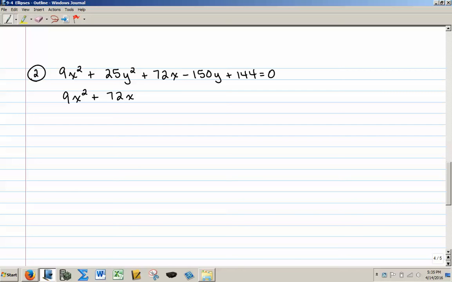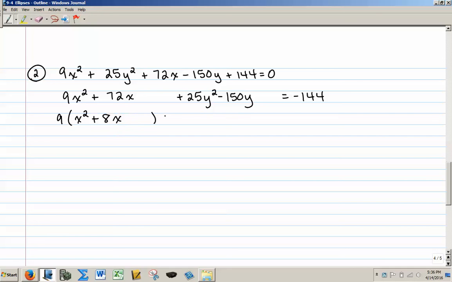And I need to put my y's together, and I need to move my constant to the other side. Now, in order to complete the square, I need to get rid of the coefficient in front of x squared. So I'm going to factor out a 9, and I also have to factor that out of the 72.